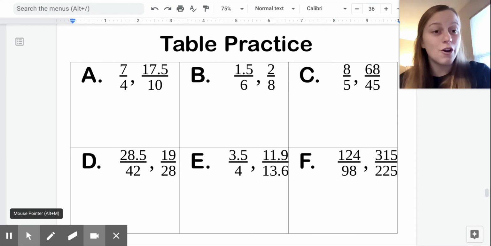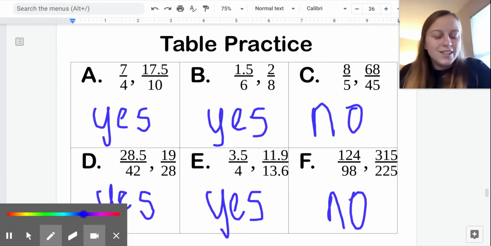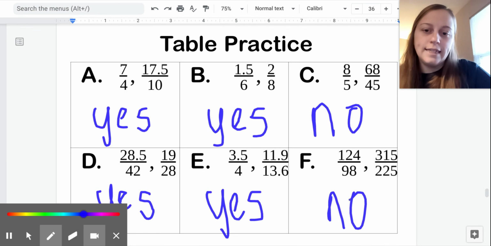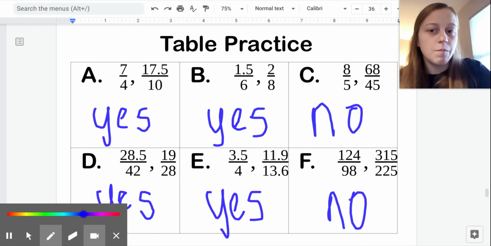All right, and here are the correct answers for your table practice. So as you can see here, tables A, B, D, and E did end up being proportional. All of these, for the most part, have decimals in them, so using cross products was just the easier option here. Tables C and F did not have decimals in them.